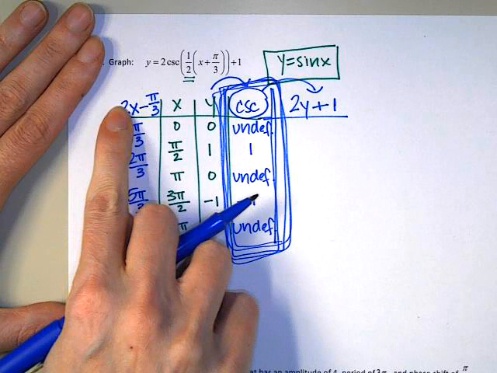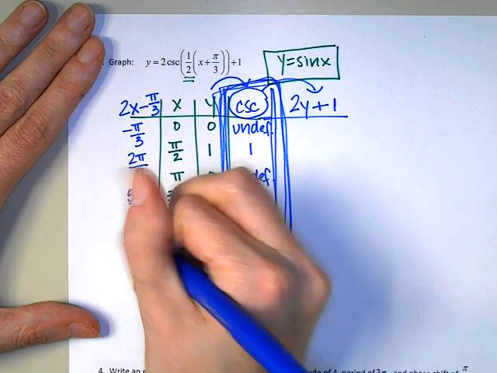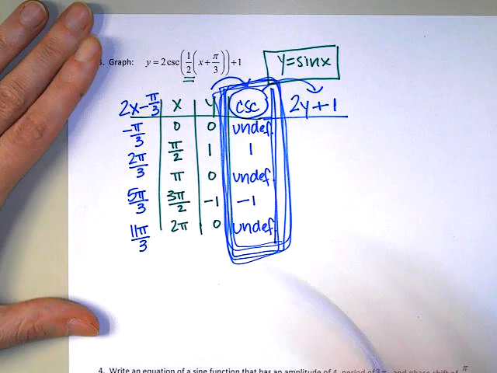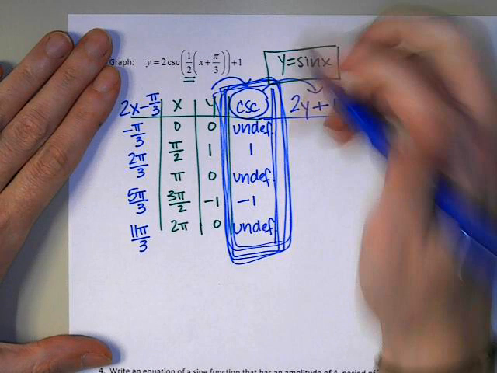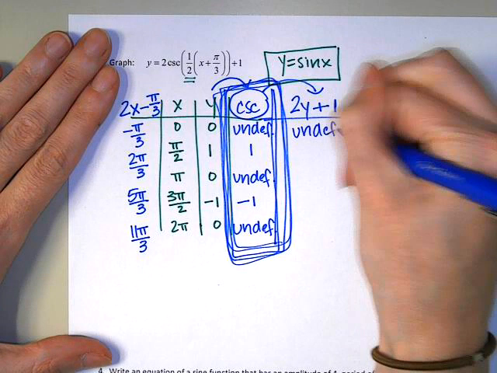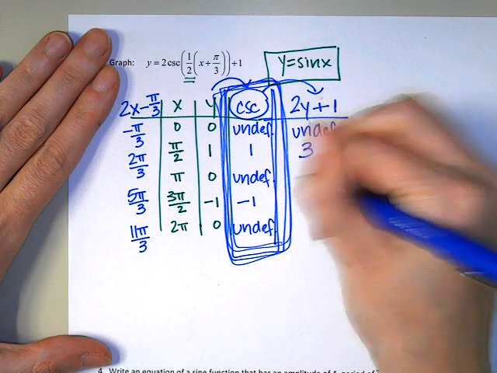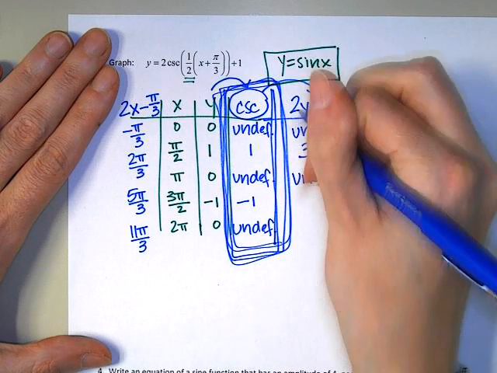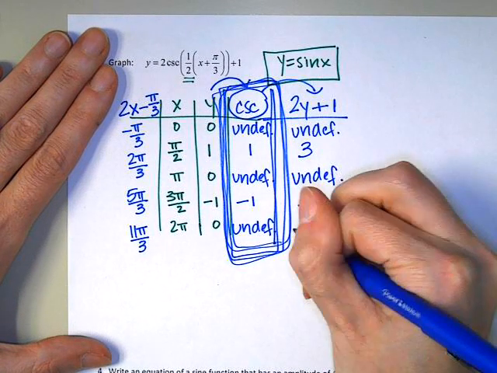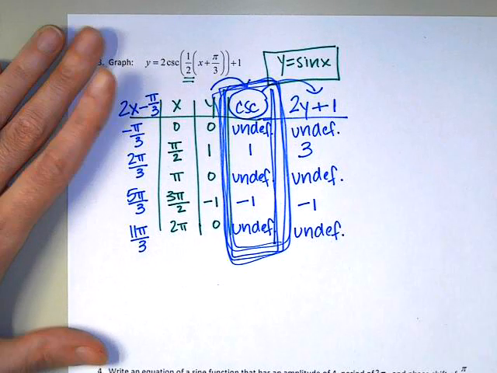And then 4 pi minus pi over 3 is 11 pi over 3. Again, that's just common denominator work. And then multiply by 2, add 1, so asymptote stays undefined. 3 stays 3. Asymptote stays undefined. 2 times negative 1 plus 1 is negative 1, and then asymptote stays undefined.